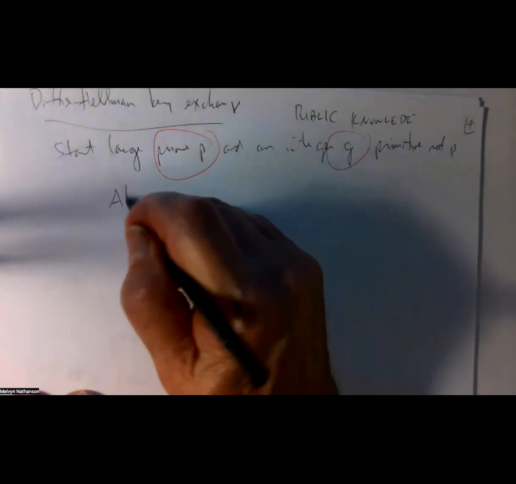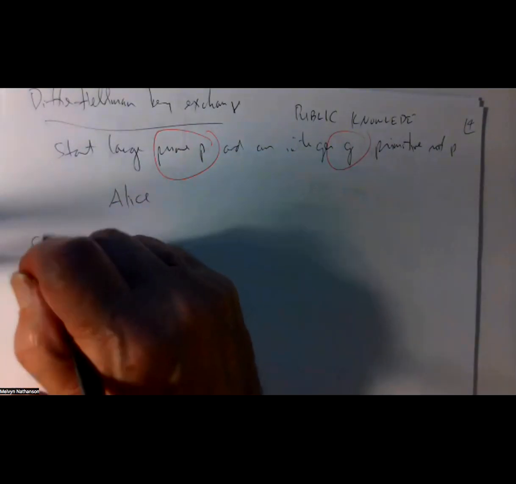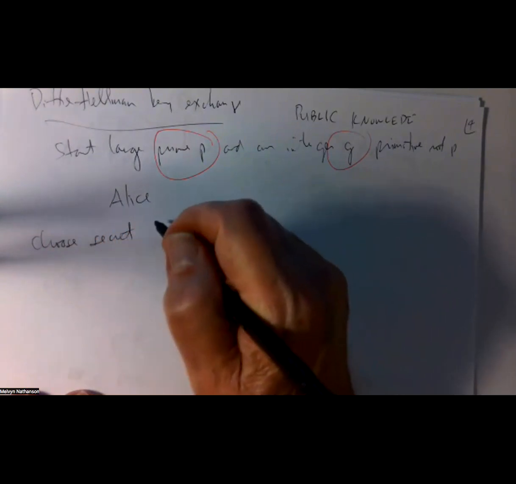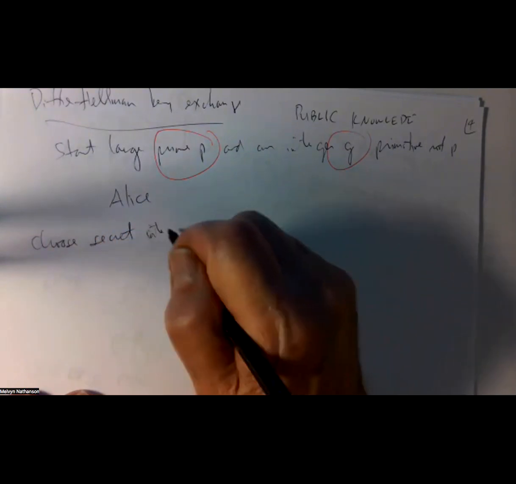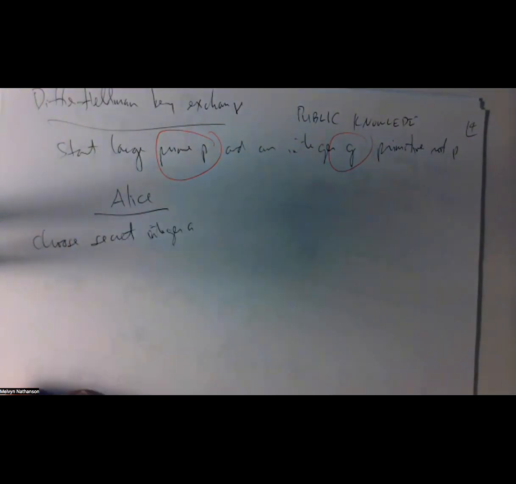Okay, so what is the process? Let's start with Alice. Alice chooses a secret integer a. She's never going to tell anyone what a is. She knows it. It is never being transmitted.